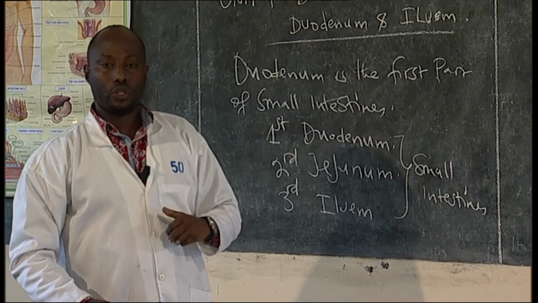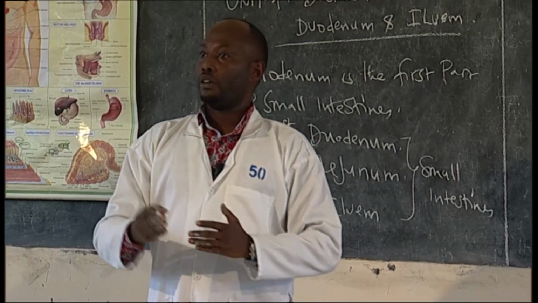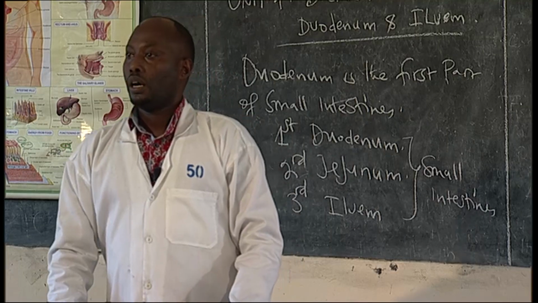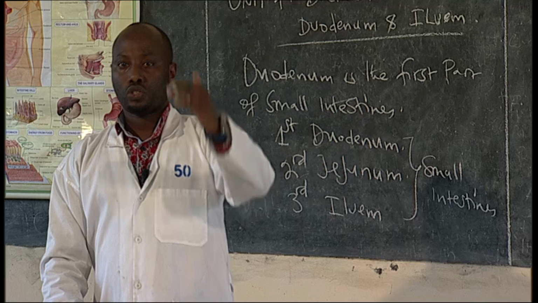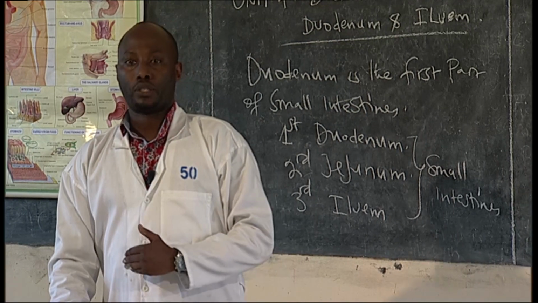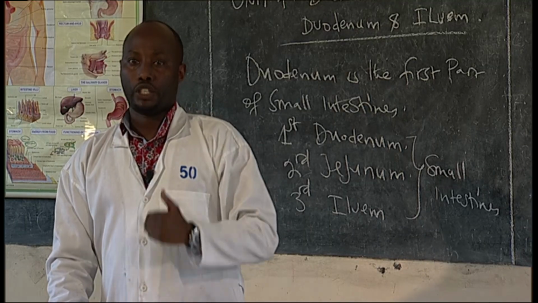Of course, when the food is churned and broken down in the stomach, it has to be released through a sphincter muscle called the pyloric sphincter, and it goes into the duodenum. The duodenum is the first part of the small intestine, where further breakdown of food takes place.